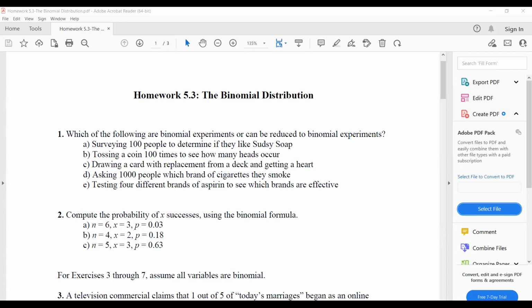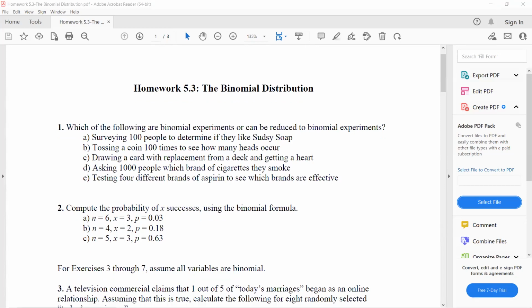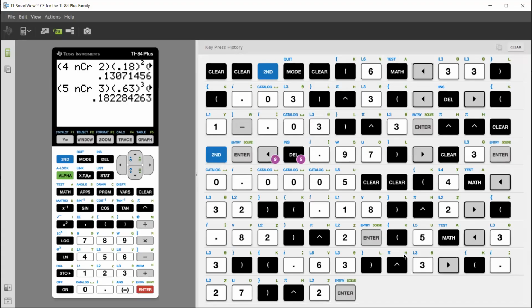Let's see here. Let me figure out where I'm at. How about now, Jason? There you go. Okay, yep, I'll let her know right now so she can work on it.